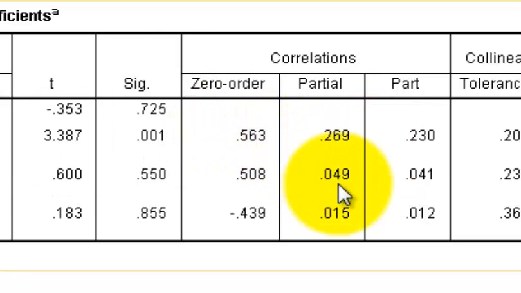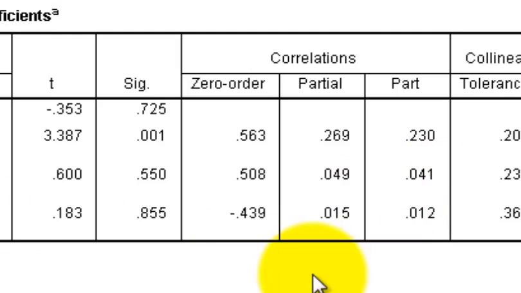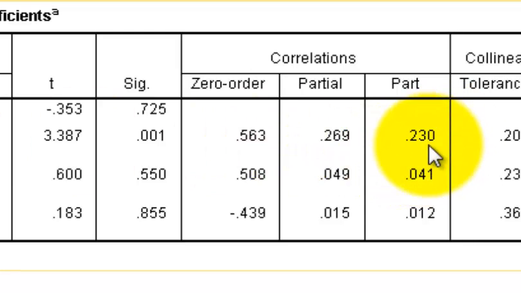This number, 0.049, is not very much. About 5% of the variance in the DV can be explained by how many previous partners they had when the other two variables are controlled, and so on. But again, you'll look at them. The only one that's worth anything is the monthly amount of money they make, okay?